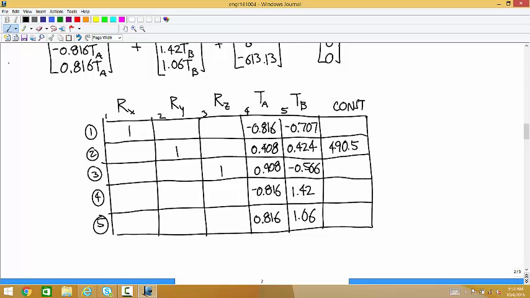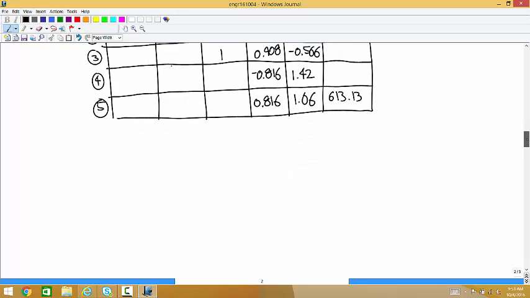And the constant, when you move it to the other side, is positive 613.13. And if you use reduced row echelon form on that, you get a force vector R of 527.5, 210.2, and negative 35.1.